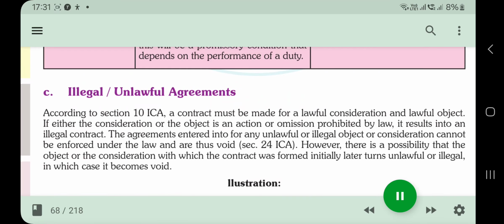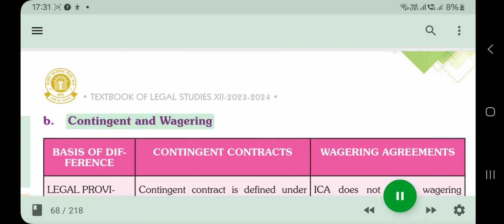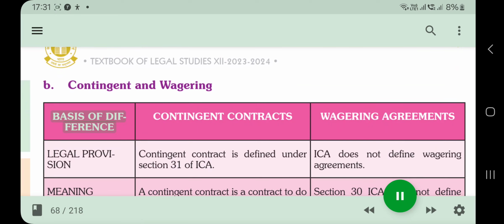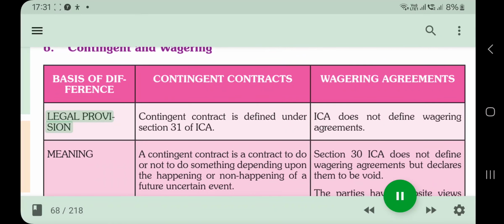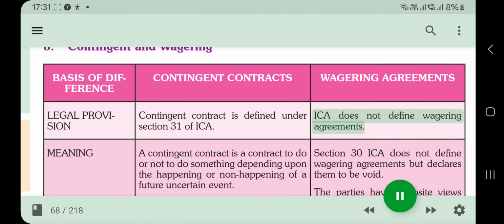B. Contingent and wagering. Basis of difference: contingent contracts, wagering agreements. Legal provision: a contingent contract is defined under Section 31 of ICA. ICA does not define wagering agreements.